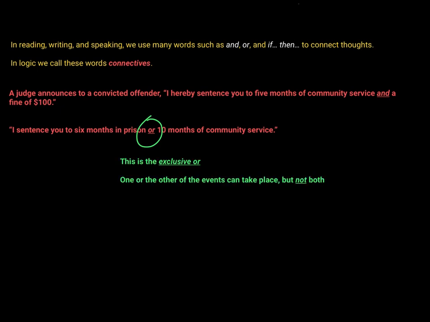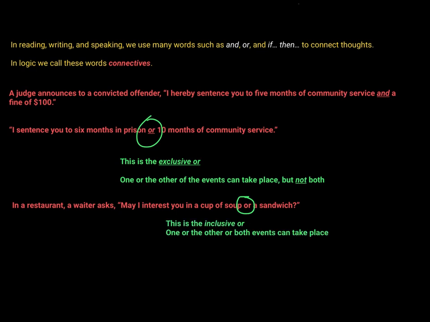Now, let me give us an example of an inclusive or. In a restaurant, a waiter asks, may I interest you in a cup of soup or a sandwich? This here is an example of the inclusive or. Now, we call it such because one or the other or both events can take place. In other words, you can say, I'd like to order soup only, or I'd like to order a sandwich only, or you may say, yes, I'll take a cup of soup and a sandwich.